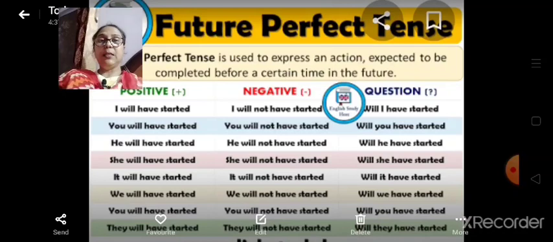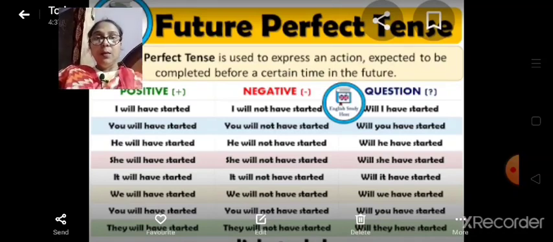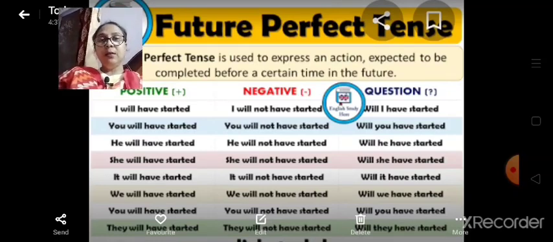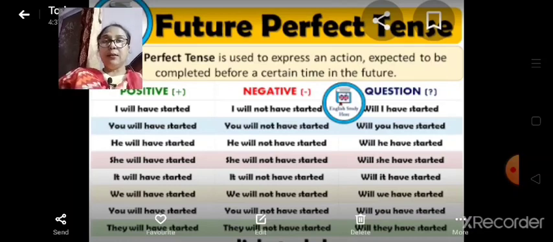Now here we can see positive sentences in future perfect tense. Positive means a simple sentence. In that we only use will have and the third form of the verb. Now for the negative sentence, in this picture you can see I will not have started.